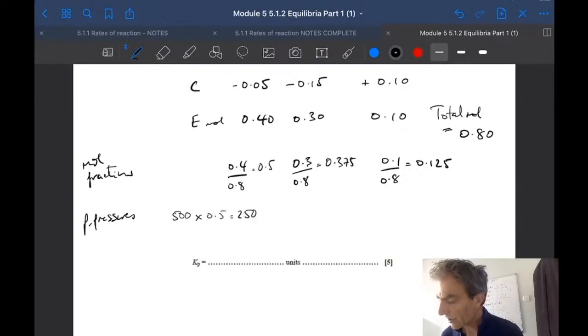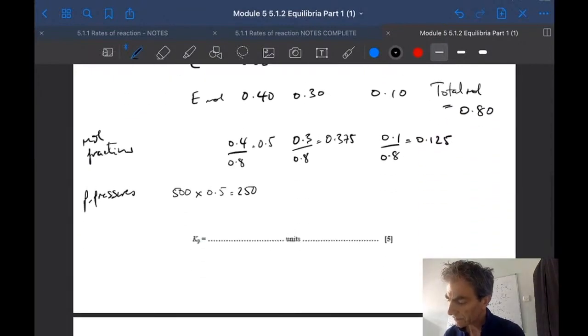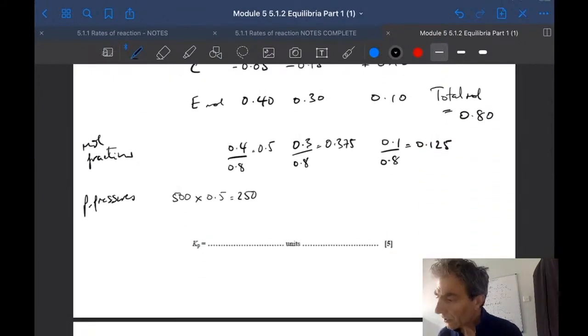Obviously these are all in kilopascals because the total pressure was in kilopascals. 0.375, I'll just underline that so it stands out. So this is going to be 500 times 0.375, which is 187.5.